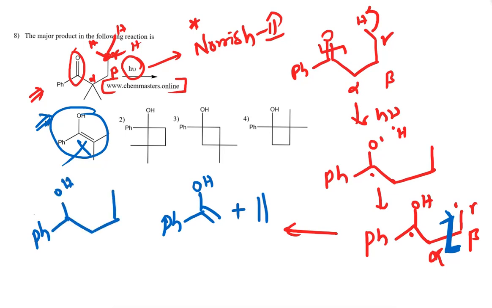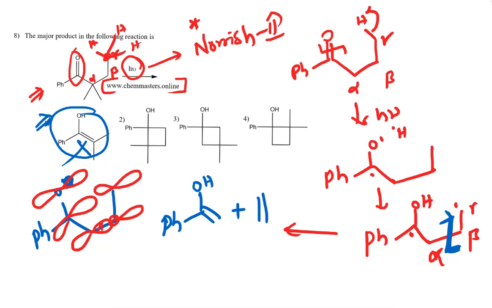Now, let us represent the carbonyl group with its orbitals. Here is a sigma bond, and we represent the pi bonds with their lobes, and the gamma carbon with its lobes.